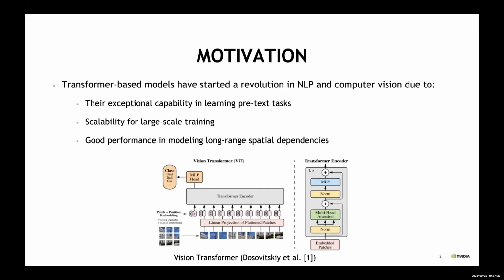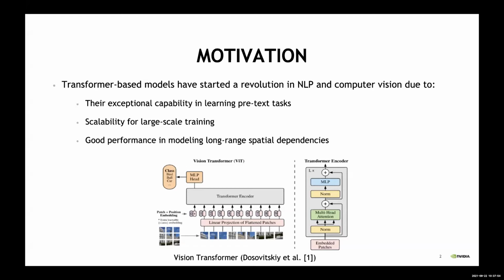Here, I have an image of the original vision transformer model, which was proposed last year. The idea is that instead of processing the image as in convolutional neural networks, by applying a limited kernel-sized CNN to the image itself, you break the image into patches and project the patches into embeddings.